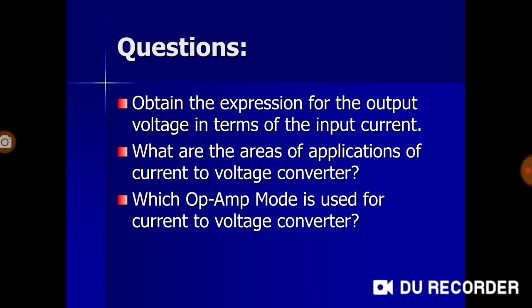What are the areas of applications of current to voltage converter? We just did. And which op-amp mode is used for current to voltage converter? We entirely placed a discussion on which mode of op-amp we are using for this particular use. Which one? Inverting amplifier.